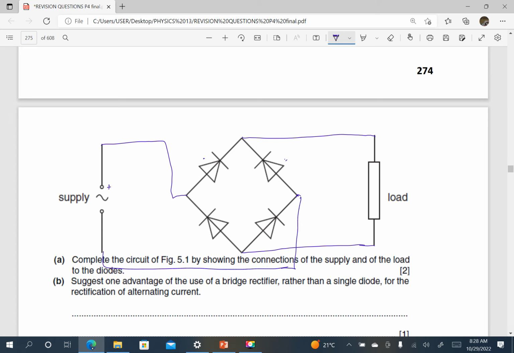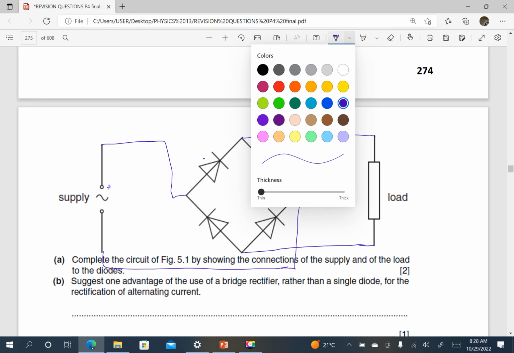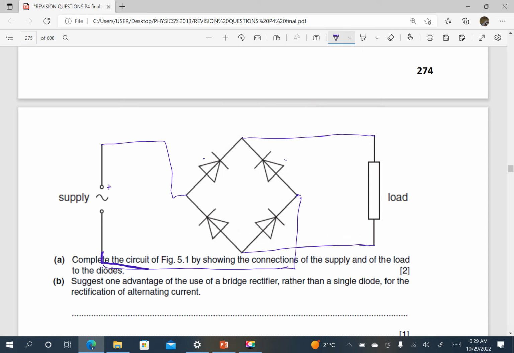As simple as that. So I can increase this thickness so that people can see what I'm doing here. So I have connected this one to this one. You can't draw this with a pen.